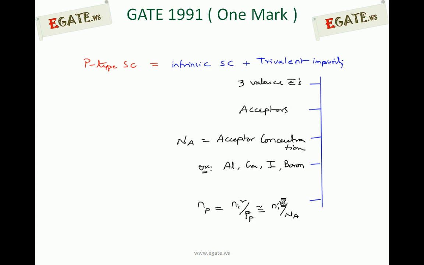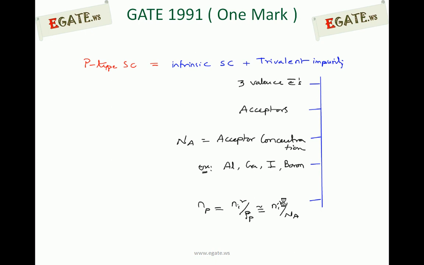Similarly, a P-type semiconductor can be formed by adding trivalent impurity to the intrinsic semiconductor. Trivalent impurity has 3 valence electrons in its outermost orbit. It requires one more electron to get a stable configuration, so it accepts one electron from the semiconductor, and at higher temperatures a vacancy is created in the valence band that is treated as a hole.